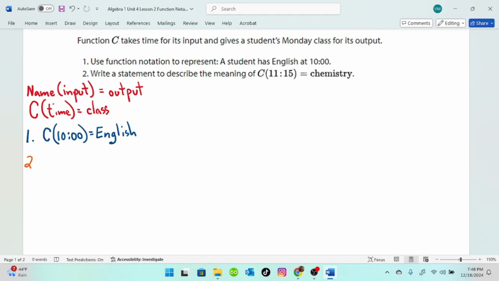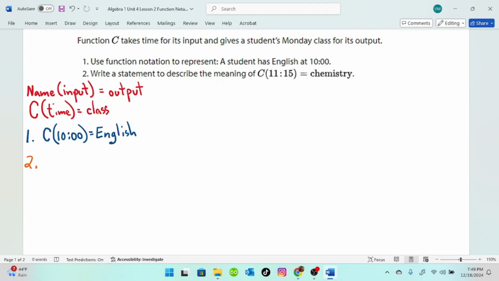For number 2, we're going to do it in the opposite direction. Write a statement to describe the meaning of C of 11:15 equals chemistry. Well, now 11:15 is going to be the time. Chemistry is going to be the class.